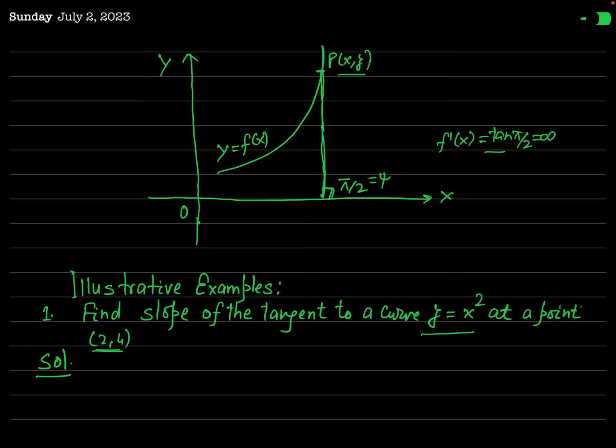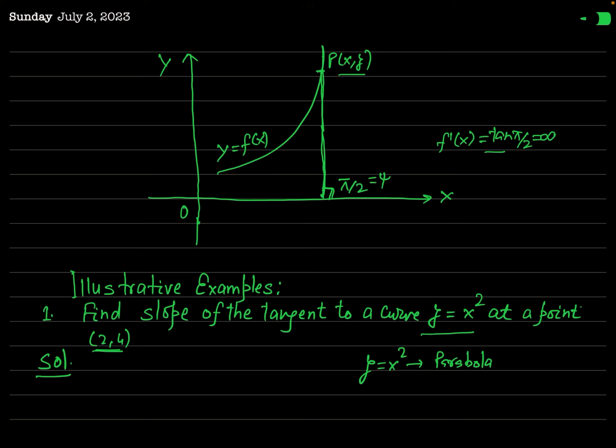Definitely you have studied coordinate geometry, and you know that this equation y equal to x square is the equation of a parabola. Although for solving this problem we do not need to know the nature of this curve.